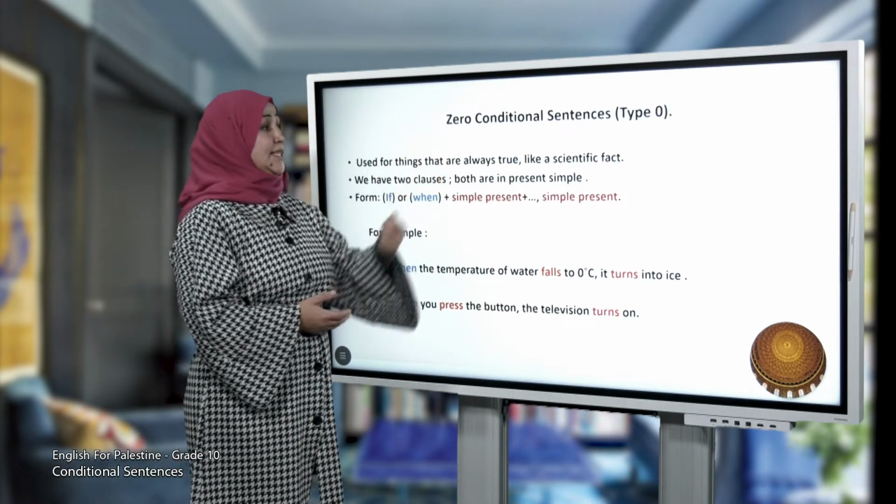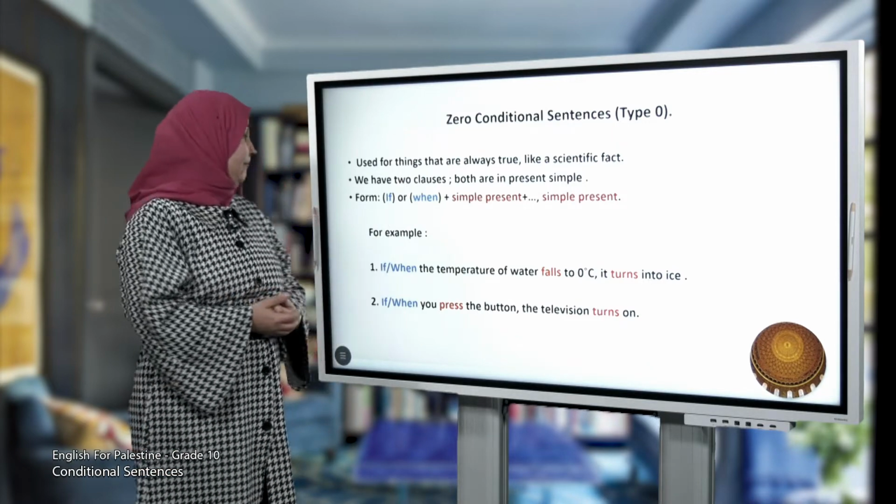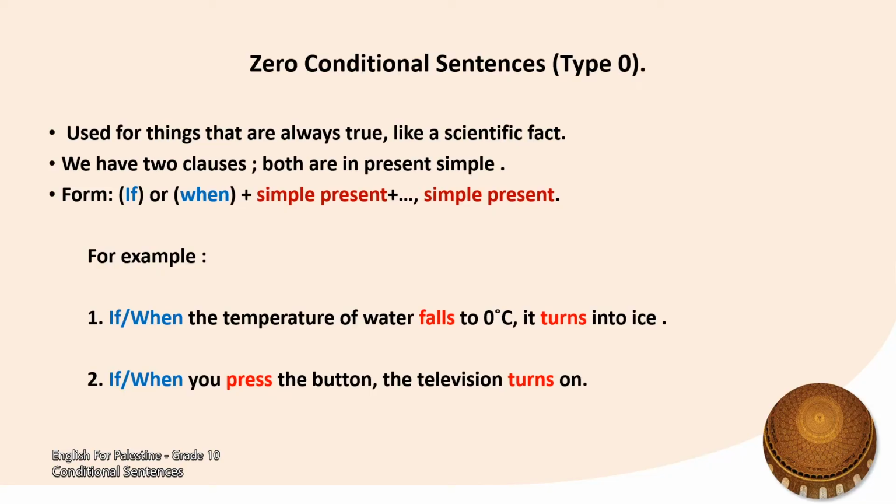0 conditional sentences, type 0, are used for things that are always true, like scientific facts. We have 2 clauses. Both are in present simple.